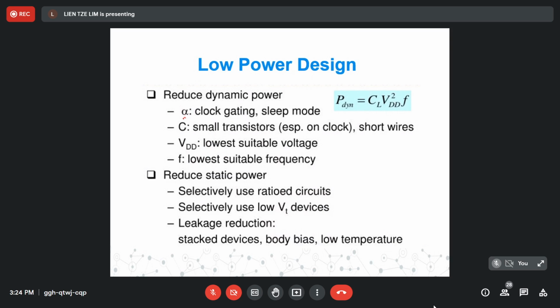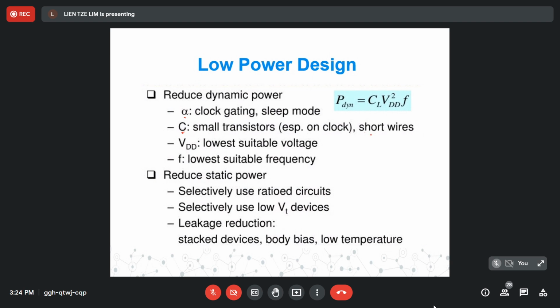Then capacitance is actually the load capacitance. Not only load capacitance, there is also other capacitance that has to be considered, such as the capacitance caused by the wire.